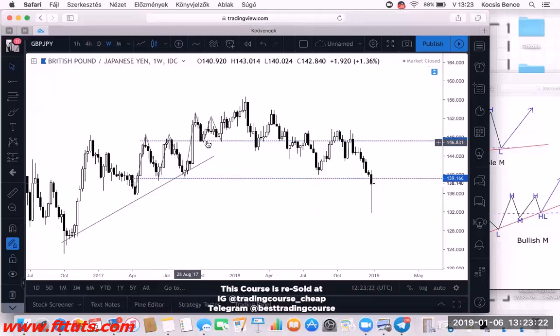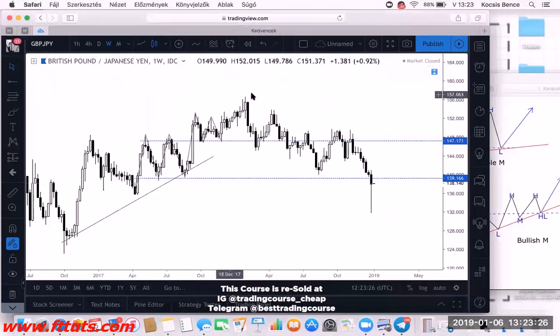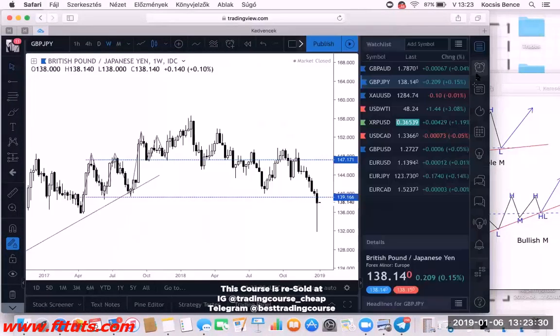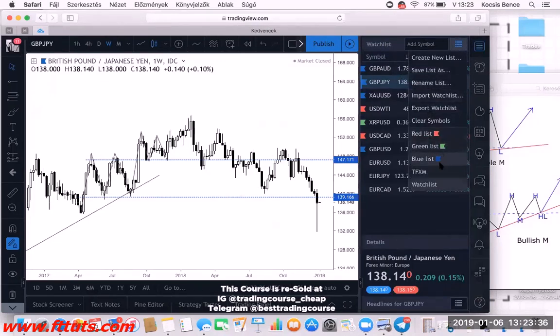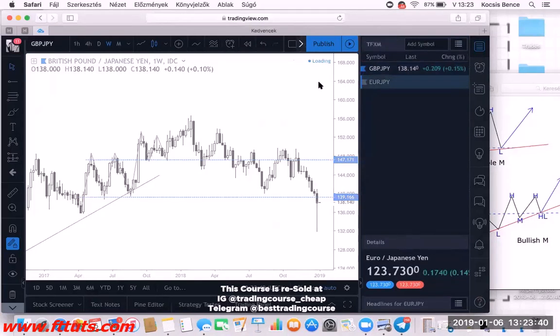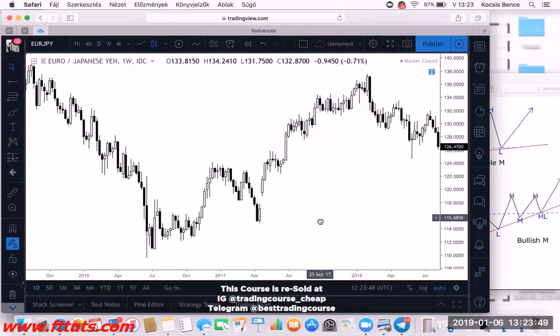We have same highs, same lows. It's again natural M. Let me go on the other pair. And let's go on the smaller time frame.